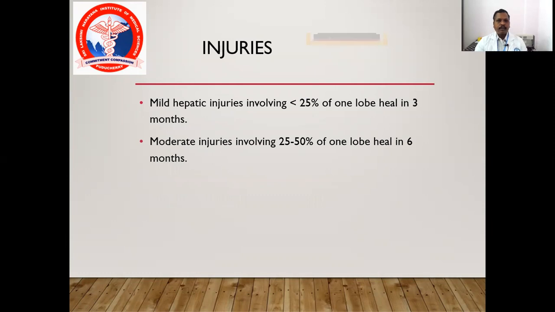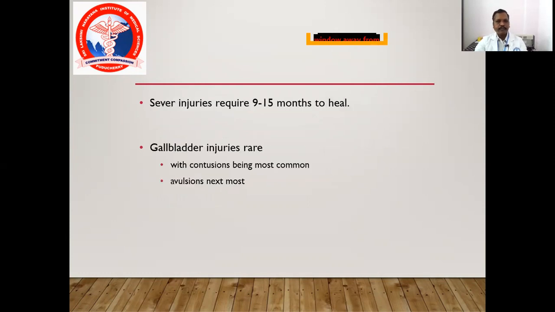If it's a mild injury, involving just 25% of one lobe, it might heal within 3 months. If it's a moderate injury, with 25 to 50% of the lobe involved, it heals in 6 months. If it is a severe injury, it will take almost 1.5 years to heal.